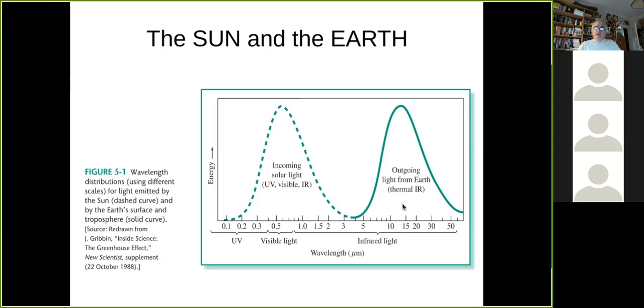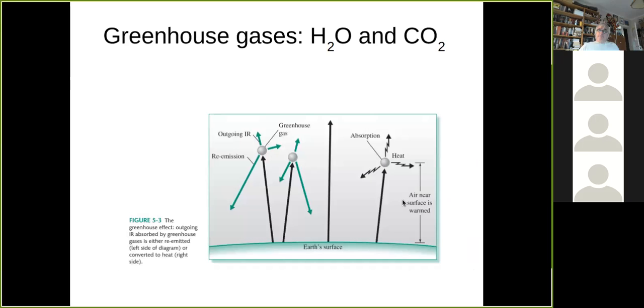What does it have to do with carbon dioxide? Well, both carbon dioxide and water absorb in those areas. So here is a picture with the Earth's surface.